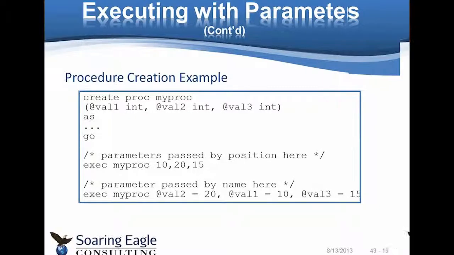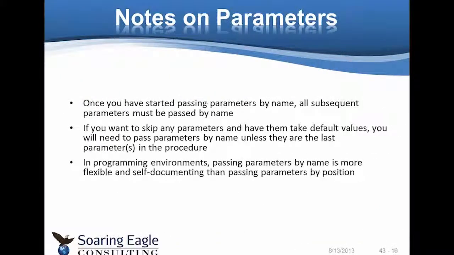Now, the question here, though, does become what's more efficient, passing it by name or passing it positionally? And I'm going to give you an answer. Passing the parameters positionally makes the parser work a little bit less hard.